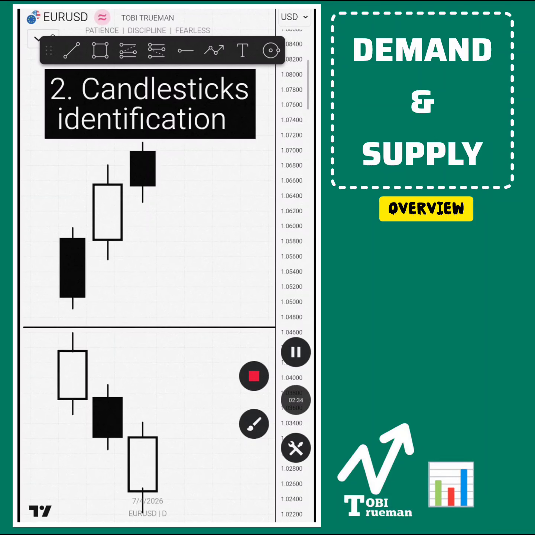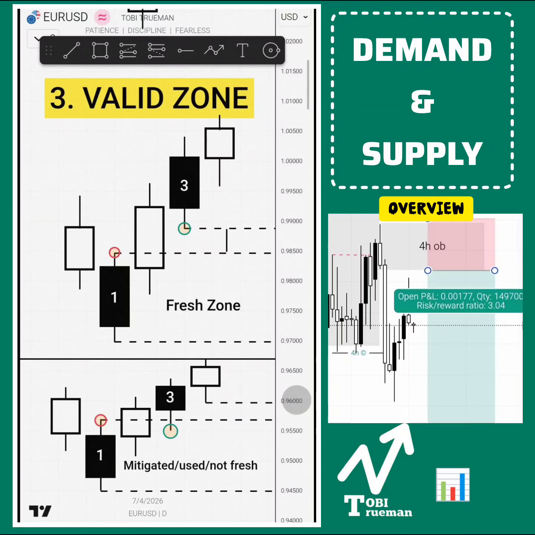All right, now I mentioned that price trading is all about demand and supply. You may be wondering, how can you identify a demand or a supply from the chart on your TradingView or MT5, anywhere you are trading? You see that the candlesticks are arranged in different patterns.